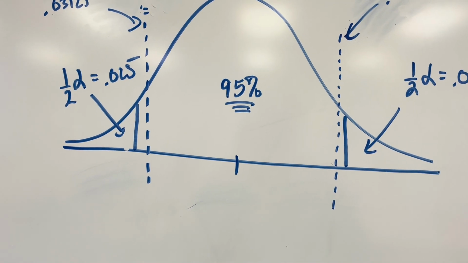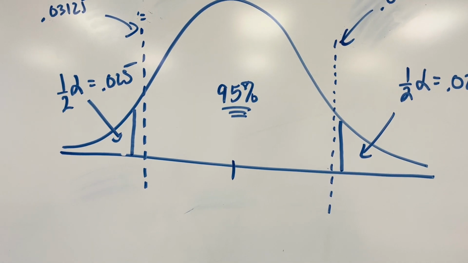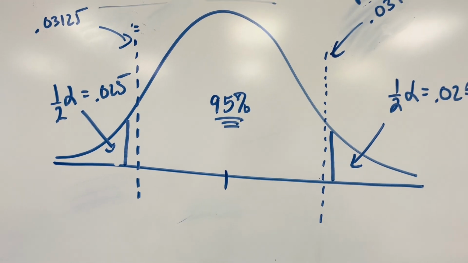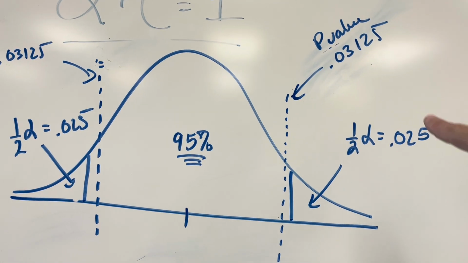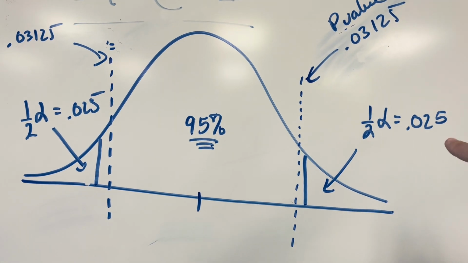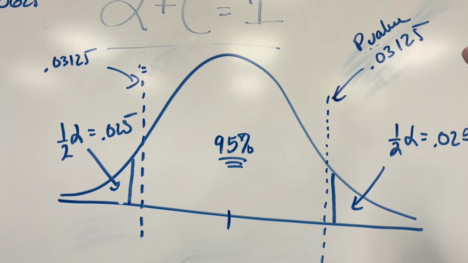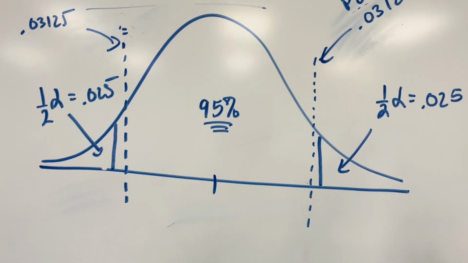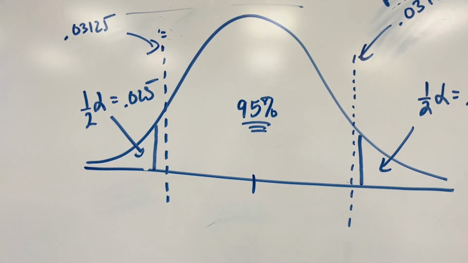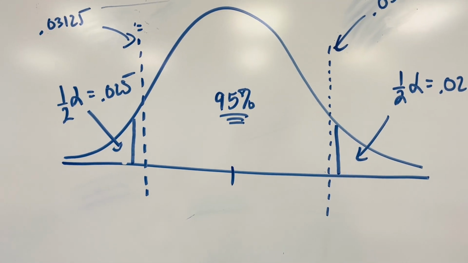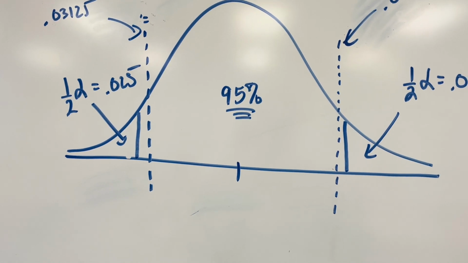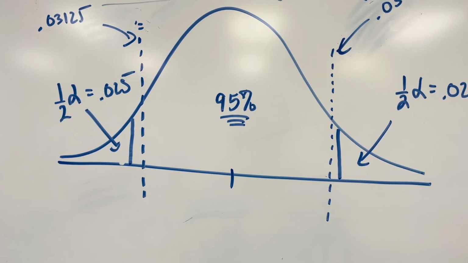So we compare our p-value to our alpha. If you sum those in total, you're going to get 0.05. And p-value larger means you are failing to reject the null.